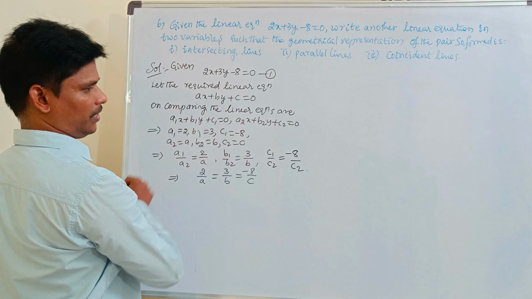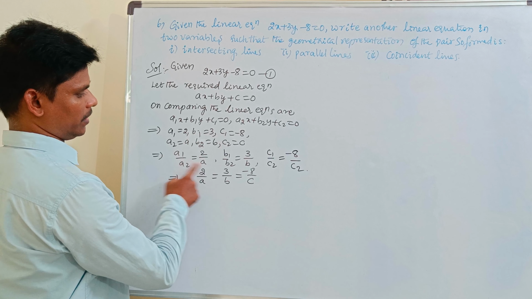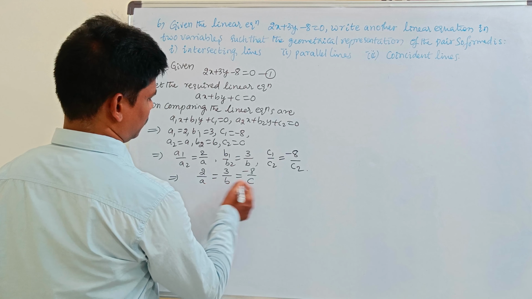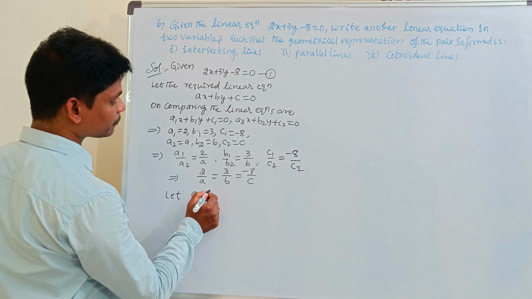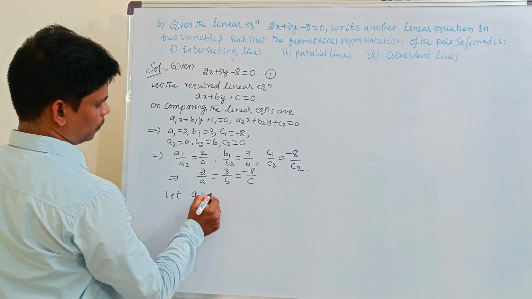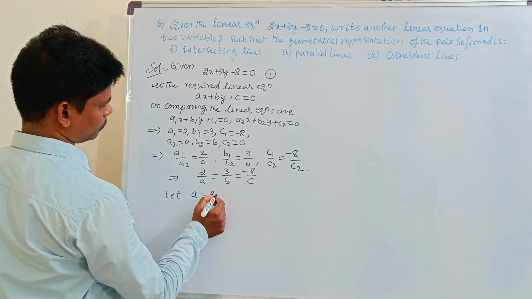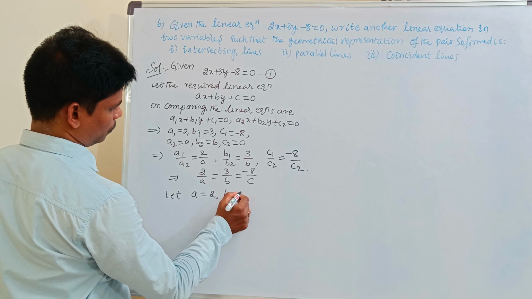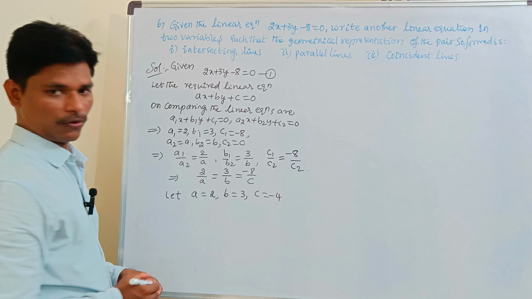On comparing the two linear equations, we write the coefficients and their ratios. Let me take the a value as 2, b is equal to 3, c is equal to minus 4.